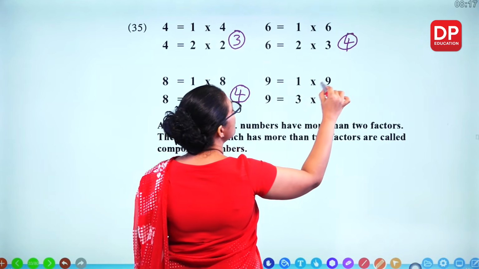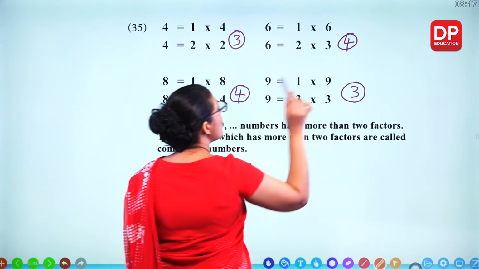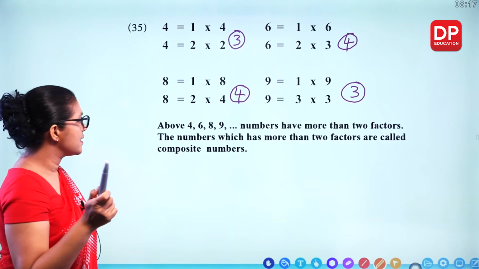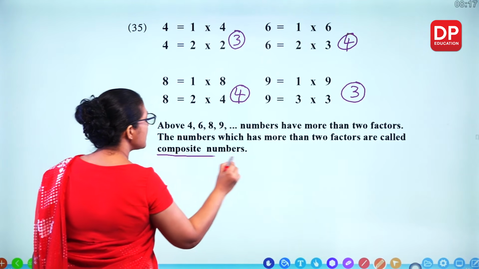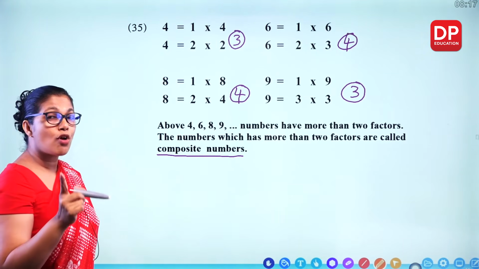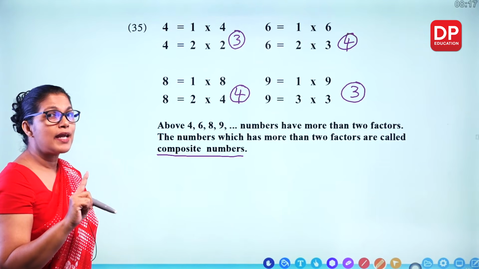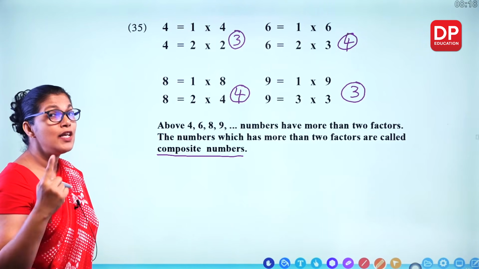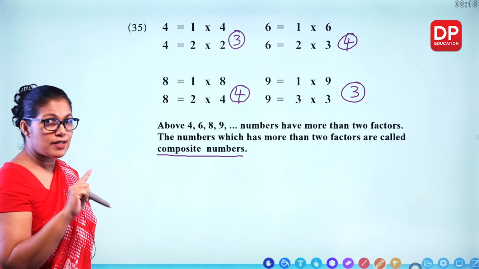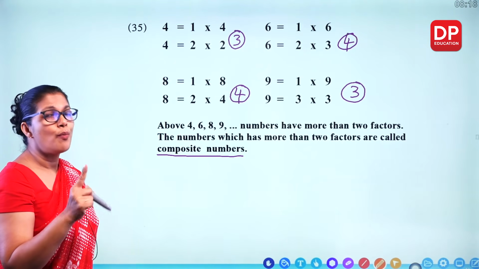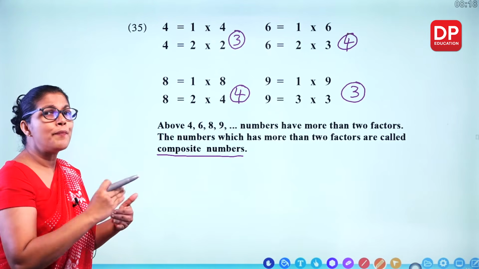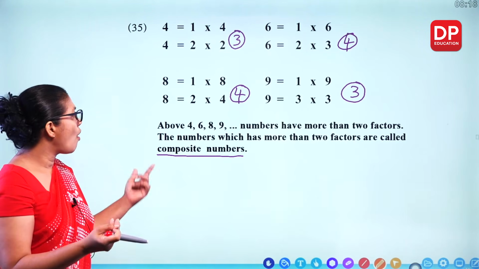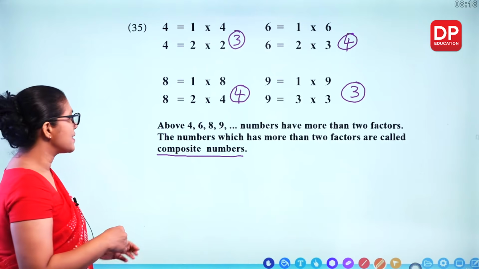Here 1, 2, 3: 3 factors. So more than 2 factors are there. So these are called composite numbers. So what does composite mean? When you get more than 2 factors. If it has only 2 factors, 1 and the number itself, those are prime. Not prime numbers are called composite numbers.